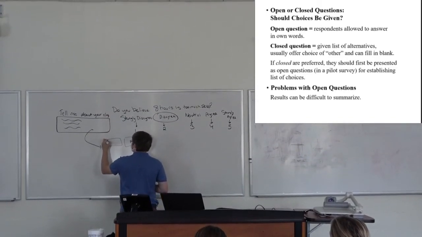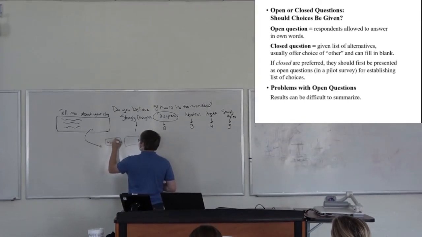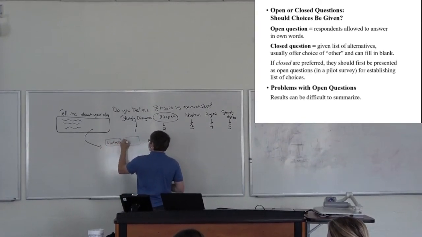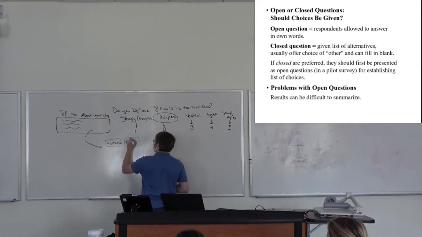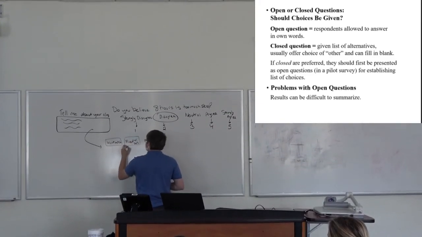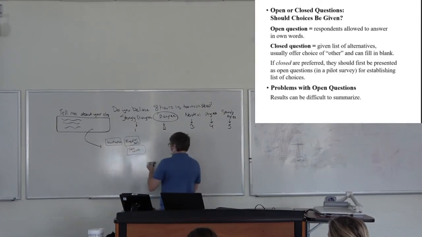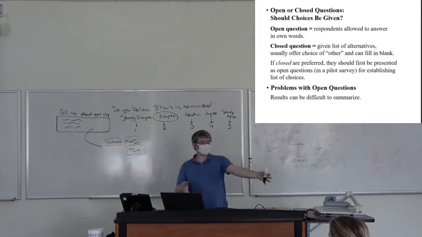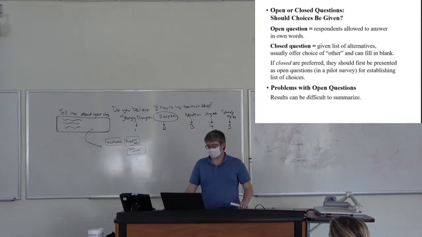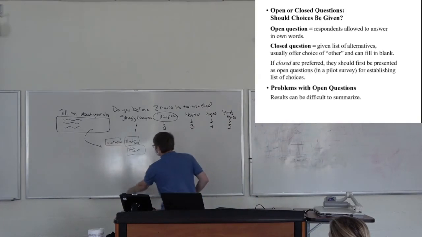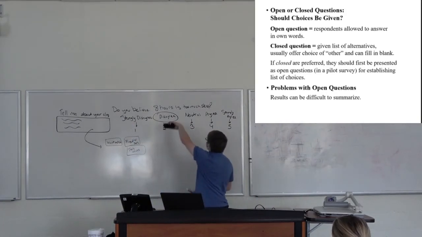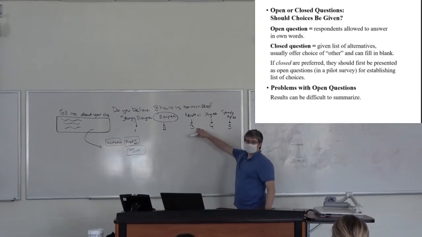Like they say, went outside, played with pets, took class, and so on. So you have to make categories after you're already done with that question. Compare that to a closed question, which is something like this, where they have to fill in one of these bubbles.